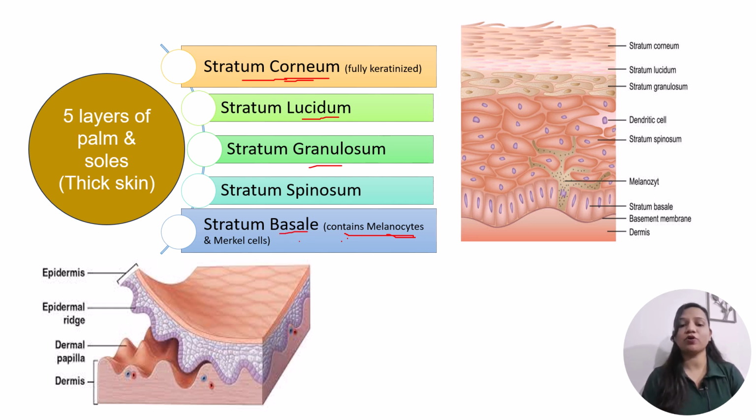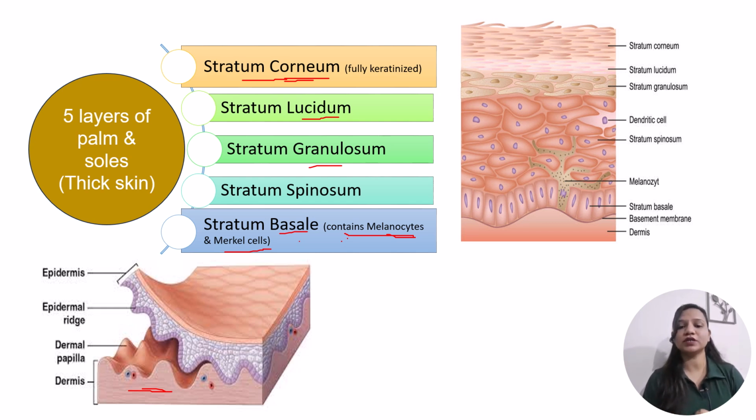The stratum basale also consists of Merkel cells. What do these Merkel cells do? They are used for sensory transmission. These cells are mechanoreceptors, and they help with the sense of touch by transmitting signals to the nerve endings. These nerve endings are present in the dermis layer, the second layer of the skin, below the epidermis.